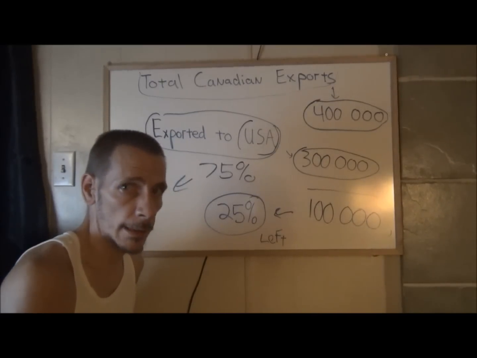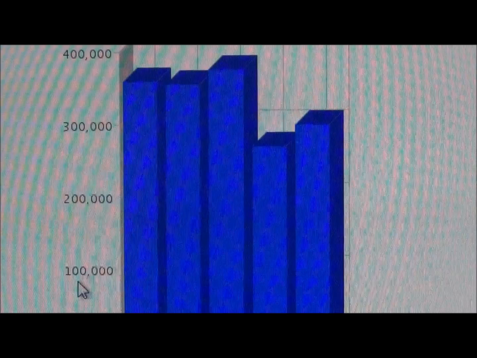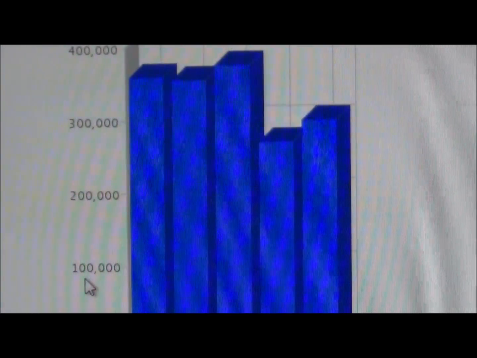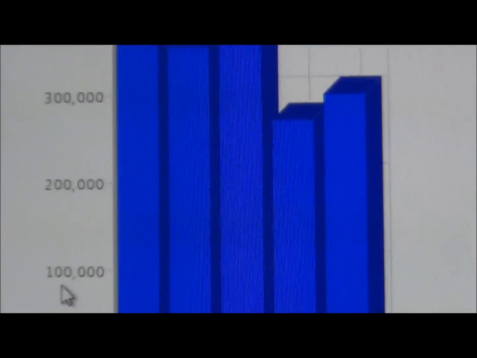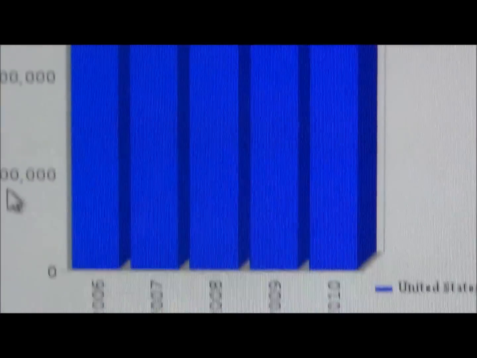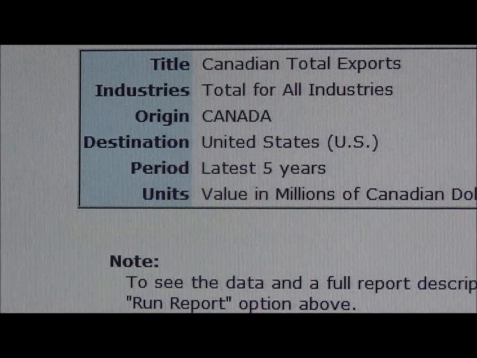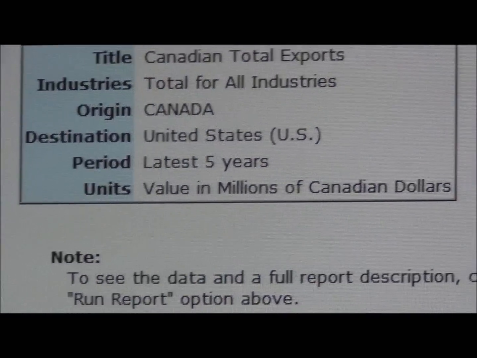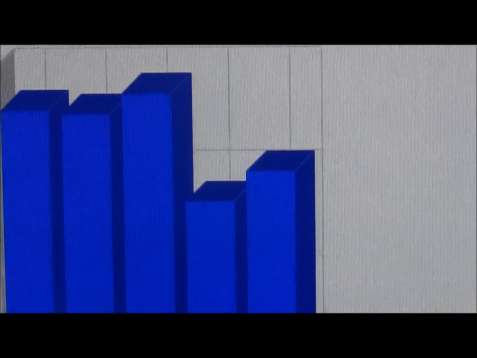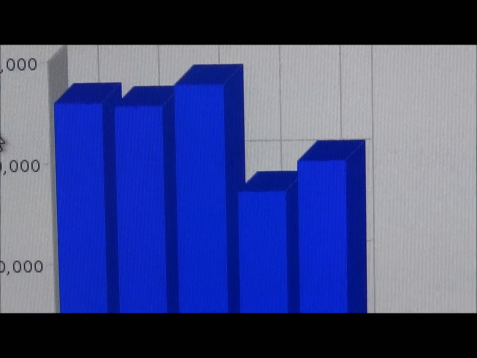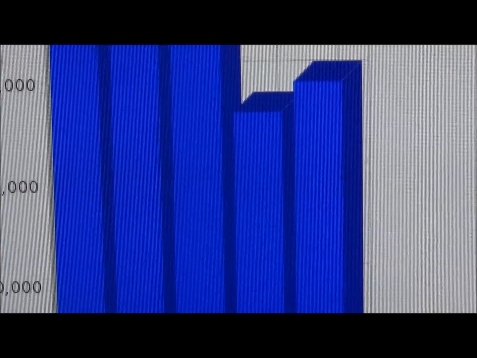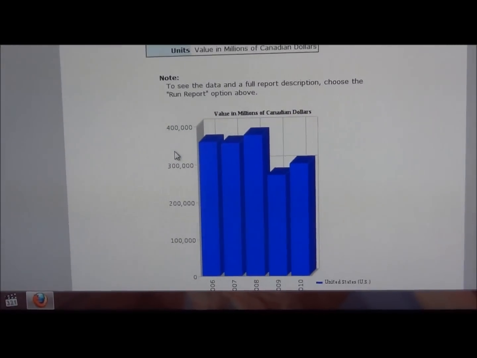Talk about a drastic lifestyle change. Out of that 400,000, 300,000 came directly from the United States of America. So basically, 75% of our export industry is riding upon America. 75%.